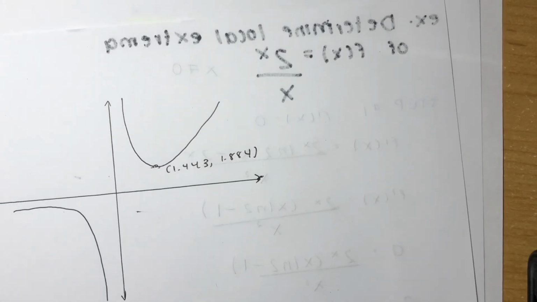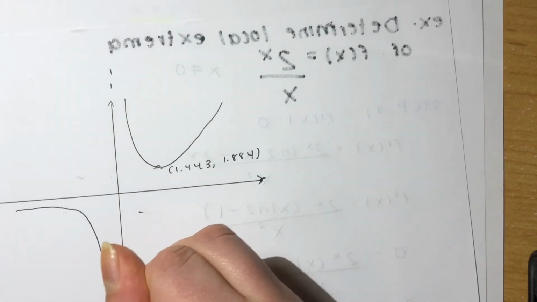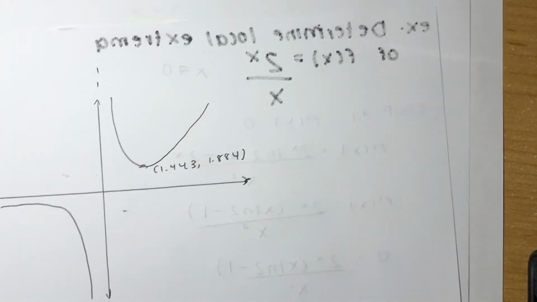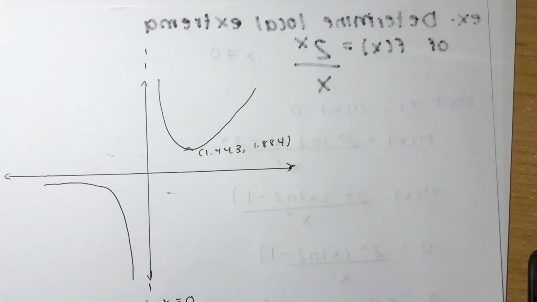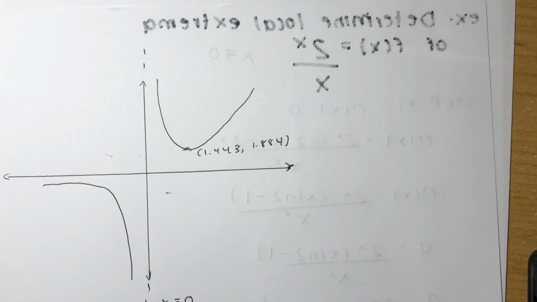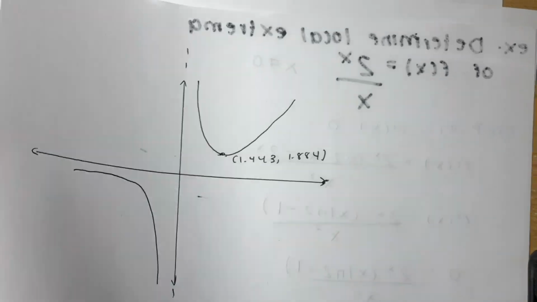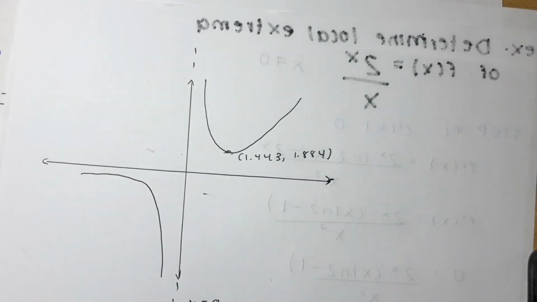And we also have a vertical asymptote at x is equal to 0. So that's how we would explore how to graph maximum and minimum of functions by using critical points, local increasing and decreasing, to find our local maximum and minimums.